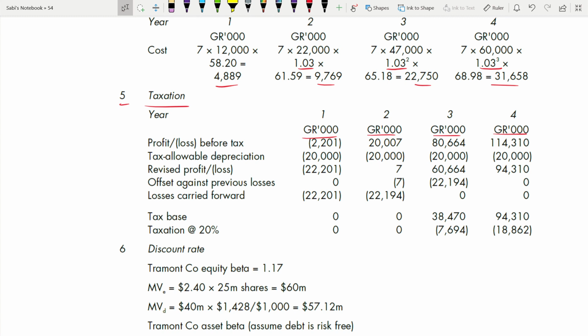Now coming to offset against previous losses. For year 1, whatever the loss is there, can you adjust it? You cannot. It is a loss, so it will be 0 only. You cannot offset in year 1.